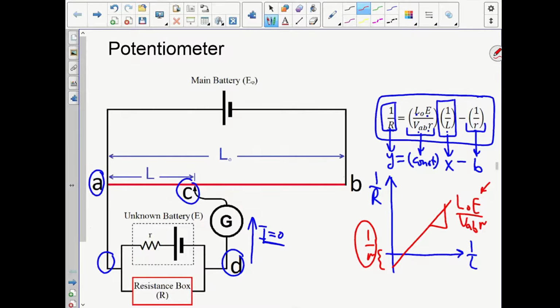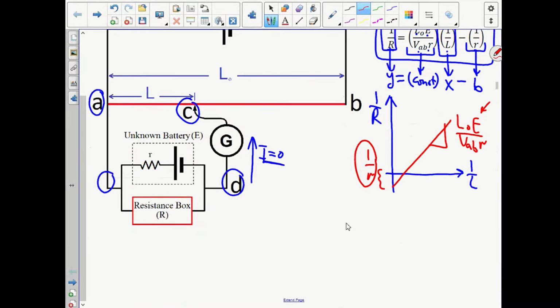Now, VAB is the voltage difference between points A and B. And to find the voltage difference between points A and B, you are instructed to use a high impedance voltmeter to do this. In our case, we will use the voltage sensor, which has high impedance.